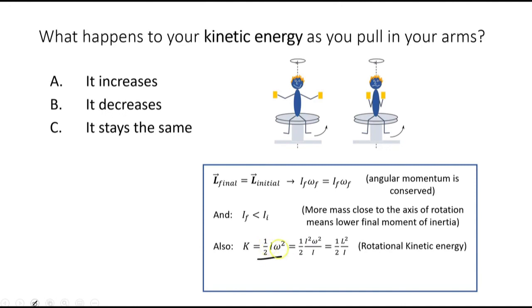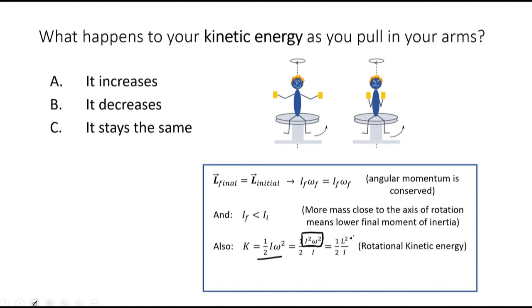And so then I get 1/2 I squared omega squared divided by I. So these two terms on either side of the equal sign are the same, so that's okay. And so then what I see is that my numerator here, I squared omega squared, is just going to be my angular momentum L squared. So I end up with K is equal to 1/2 L squared divided by I.